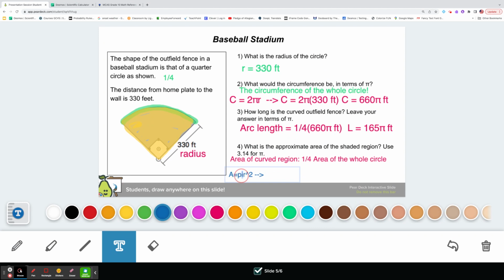I'm trying to do my keyboarding shortcuts here, and it's not allowing me to do that. So I almost have to copy pi from this and then paste it down here. Okay, there we go. So we're going to substitute in the value of radius. So the area of the whole circle is pi times 330 squared.